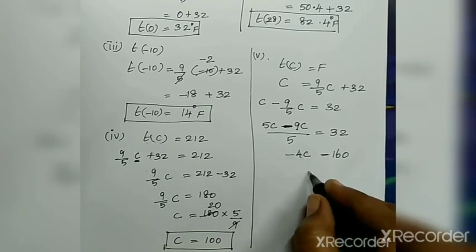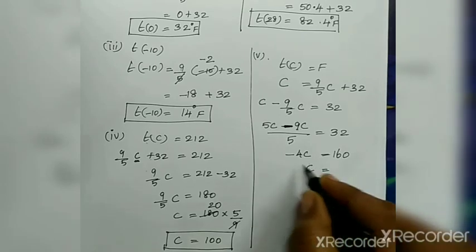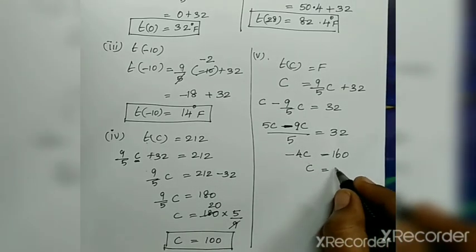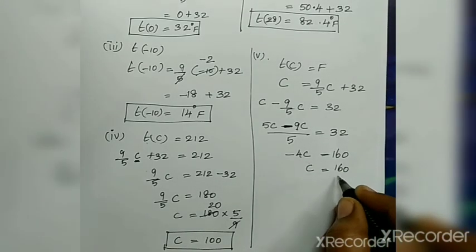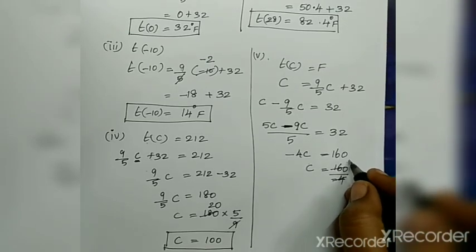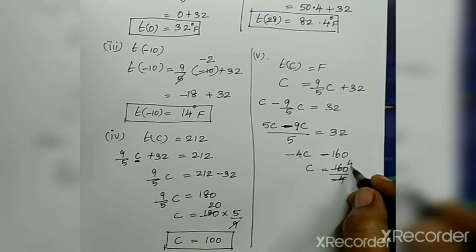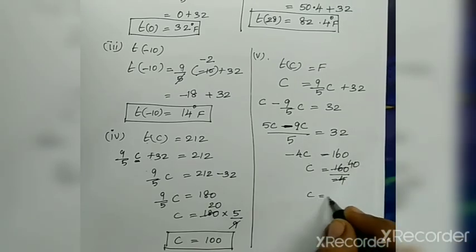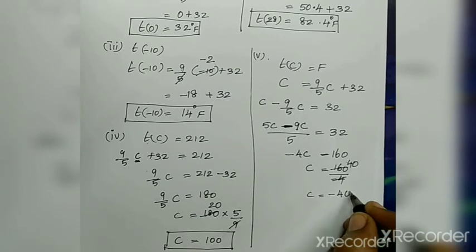Now we have to get the value of C. Keep the C here and bring the minus 4 to that side, we get 160 divided by minus 4. 4 fours are 16 and 0. So C equals minus 40.